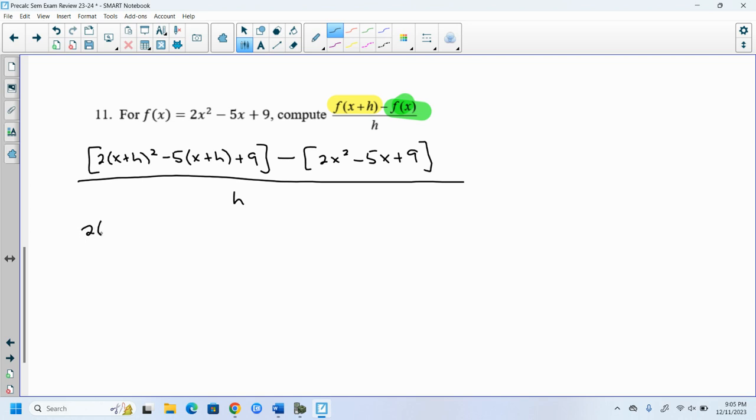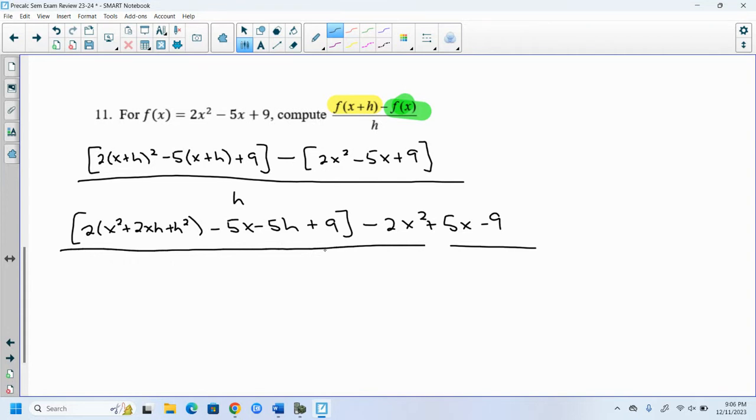So it's going to be 2, and when you FOIL it, you get x squared plus 2xh plus h squared. And now I'm going to distribute my negative 5. It gives me minus 5x minus 5h plus 9. Distribute the negative, so I get minus 2x squared plus 5x minus 9 all over h.